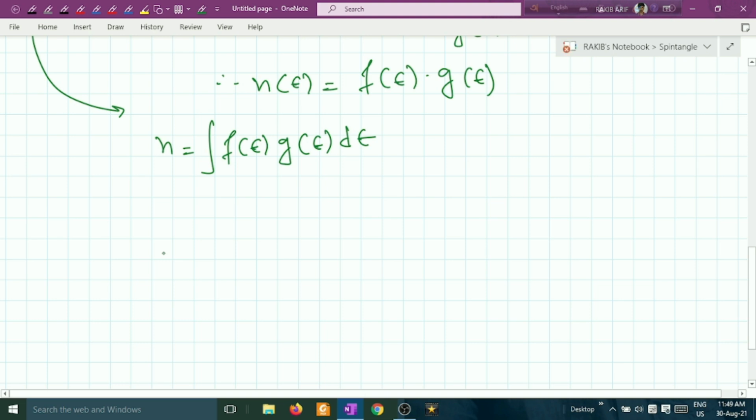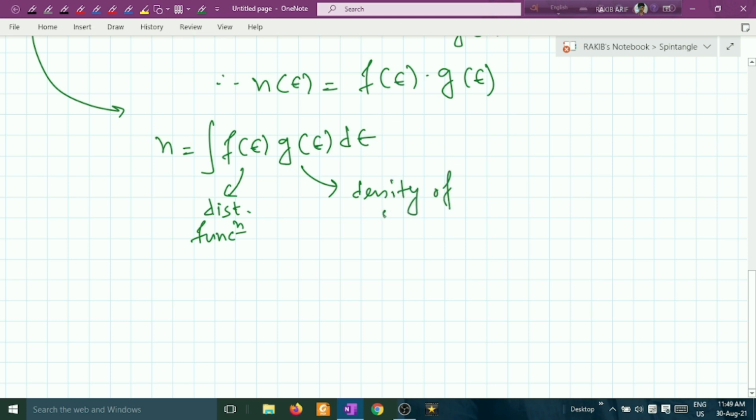Now I am moving to the concept of density of states. Here, this is called the distribution function, and this is the density of states. What is density of states? I have written it earlier, d omega upon dE.